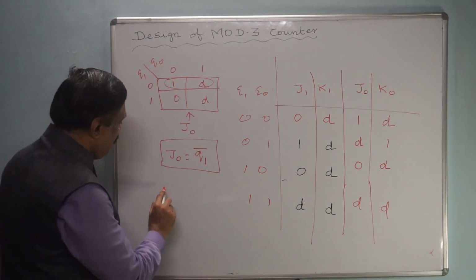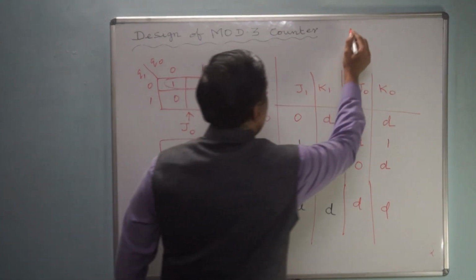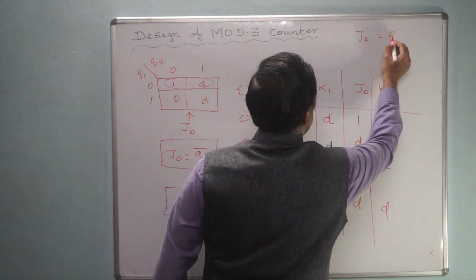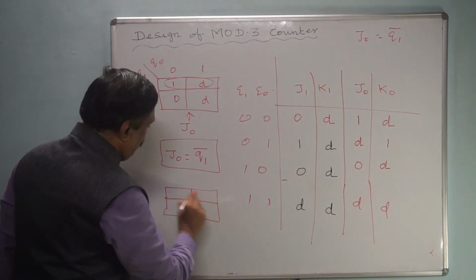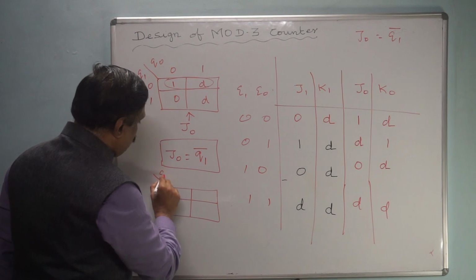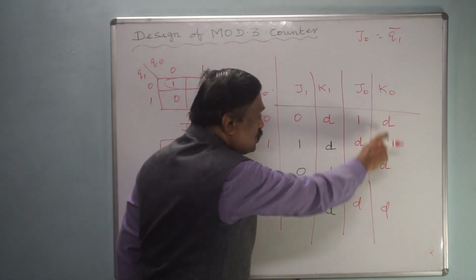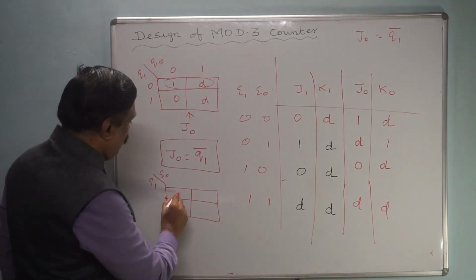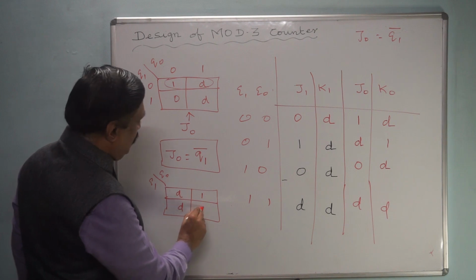Now you have to prepare the same table. I will write here J0 equal to Q1 complement. Now you have to prepare the same table Q0 and Q1 for K0. Now you have to put D here, 1 here, D here, D here.